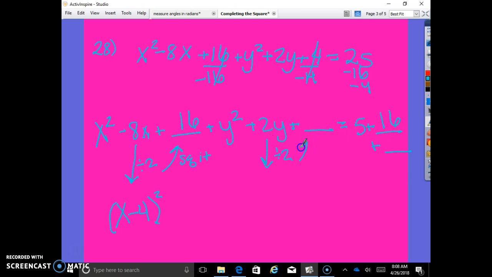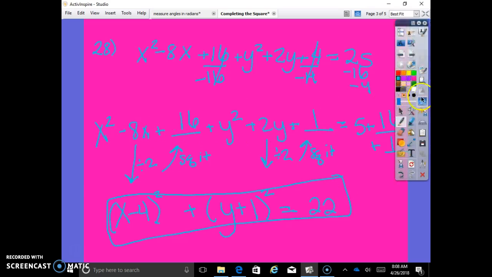Then divide 2 by 2 and square it. 2 divided by 2 is 1, and 1 squared is 1. 5 plus 1 plus 16 is 22. So the equation of this circle is x minus 4 squared plus y plus 1 squared equals 22. Our center is 4, negative 1. Our radius is the square root of 22.